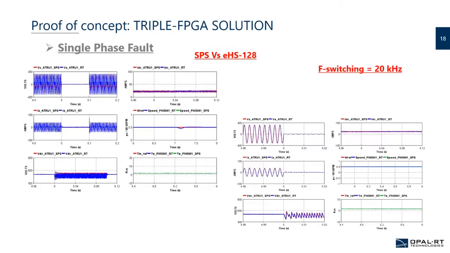So by this series of simulations using only the simulator standalone, we could validate the accuracy of our solver and also the robustness of the platform in terms of numerical instability.